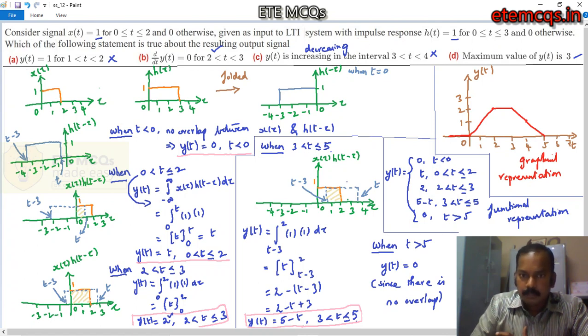And you know that as long as t is between 2 and 3, the region of overlap is constant. So you can just check this answer initially. I have worked it out for your understanding. But if you are good at analyzing, interpreting, and animating how the region of overlap happens, then it will become easy for you to find the solution correctly. So the correct option is B for this problem. Thank you.